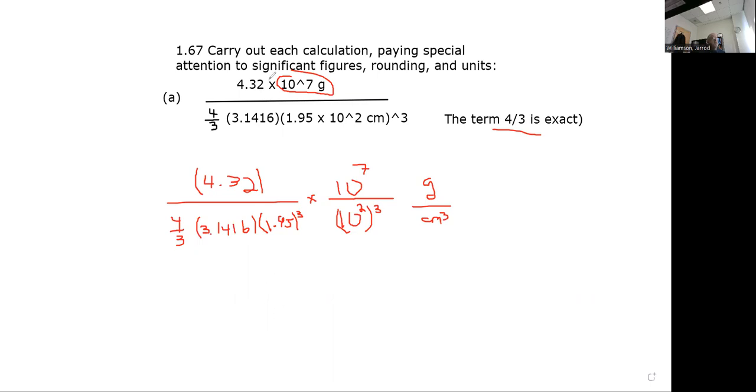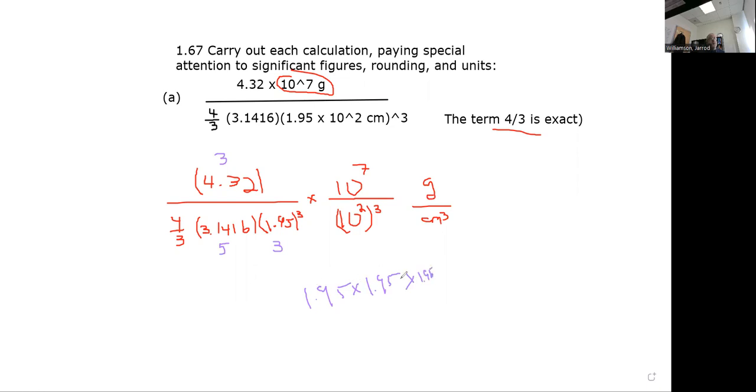Now, when I look at this, this is 3 sig figs. 1, 2, 3, 4, 5. This is 5 sig figs. This is 3 sig figs. And when I cube it, that means 1.95 times 1.95 times 1.95.